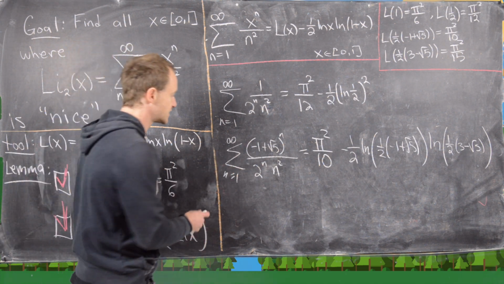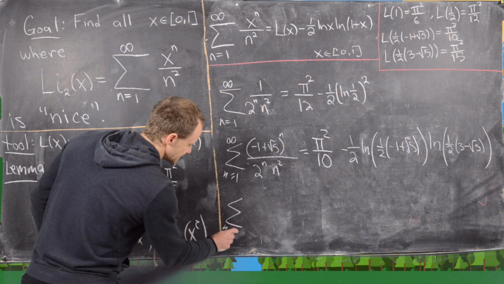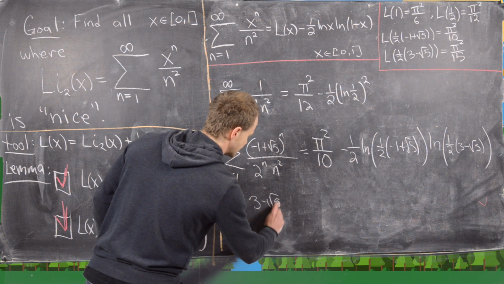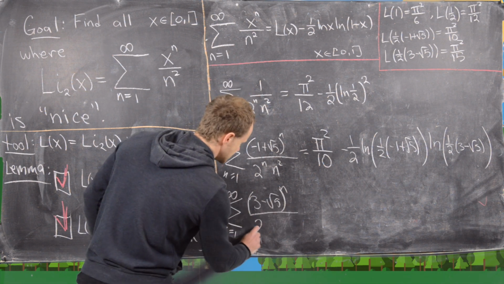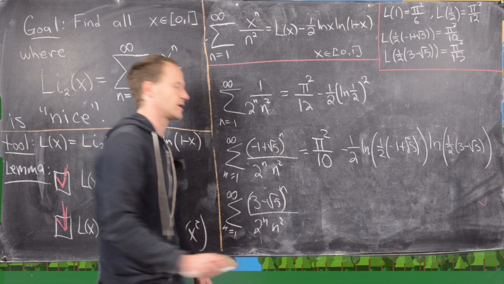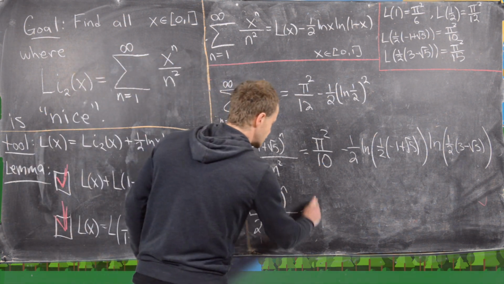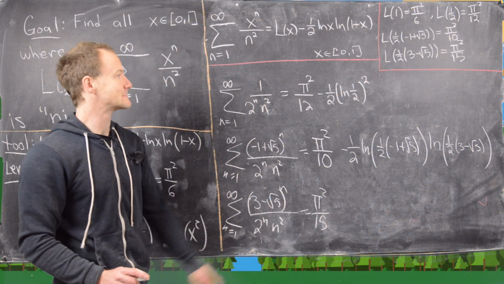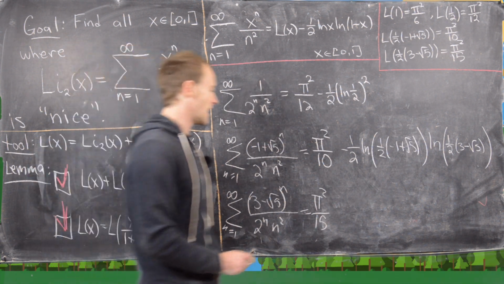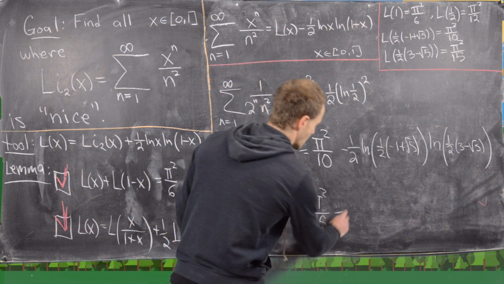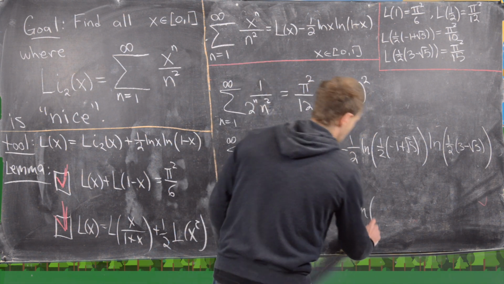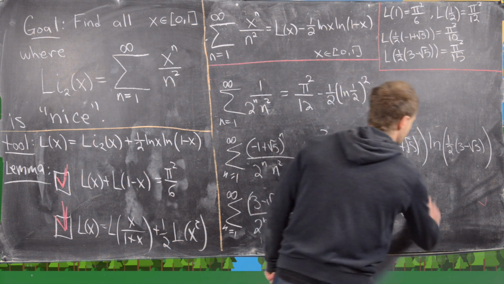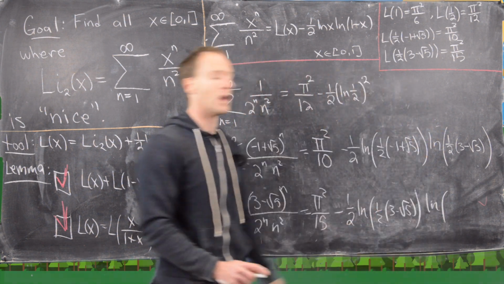So now let's look at the last one that we know. So this is the sum n equals 1 to infinity of 3 minus root 5 to the n over 2 to the n, n squared. So this is going to be equal to pi squared over 15, which we get from that first bit, and then minus 1/2 the natural log of 1/2 times 3 minus root 5, and then times the natural log of 1 minus that.